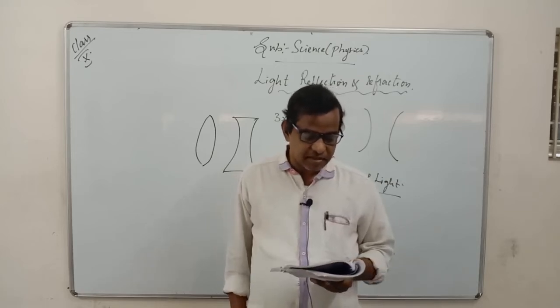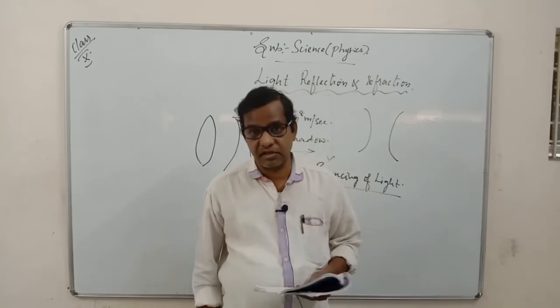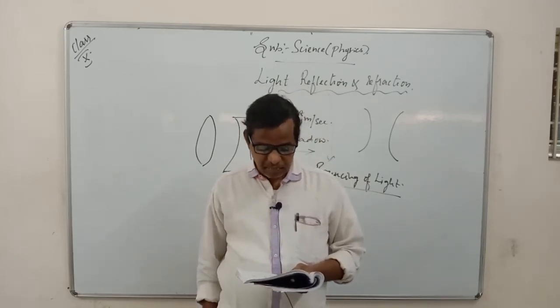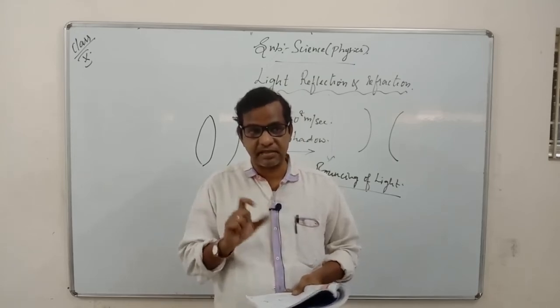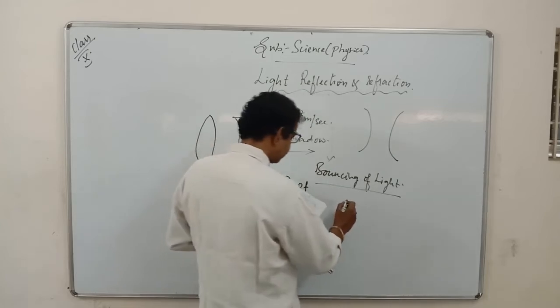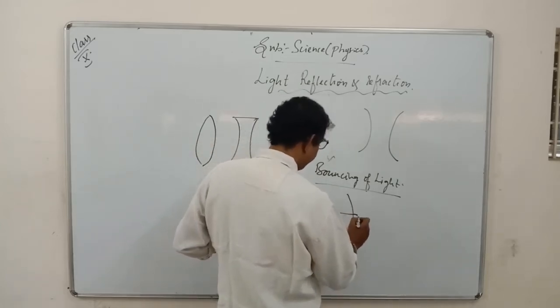Next, a ray passing through the principal focus, a ray passing through the center of curvature of the spherical mirror, and a ray incident obliquely to the principal axis. So you can get different kinds of figures here, how they are formed and how the principal axis is there.